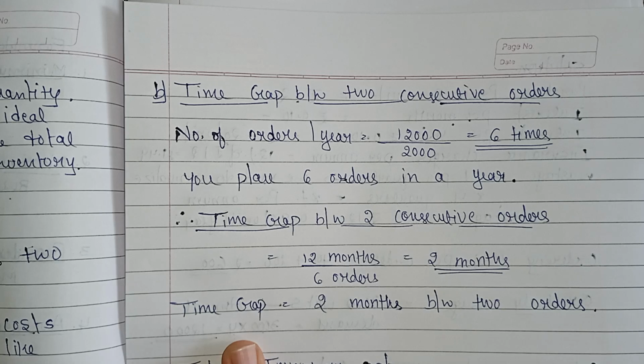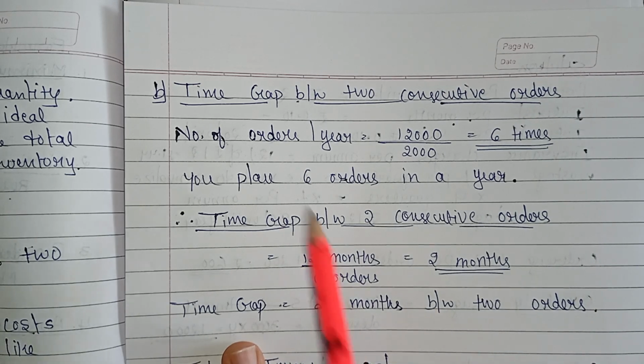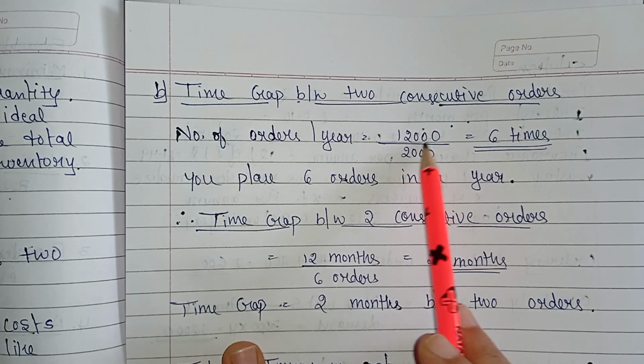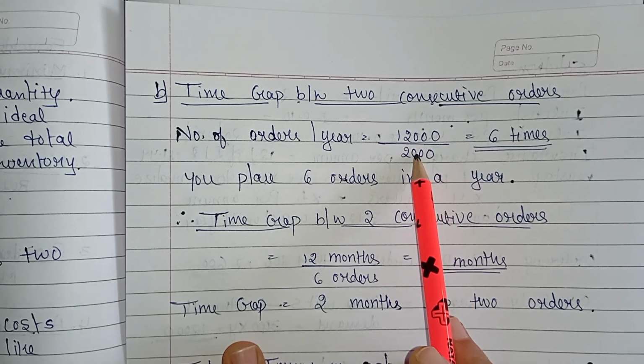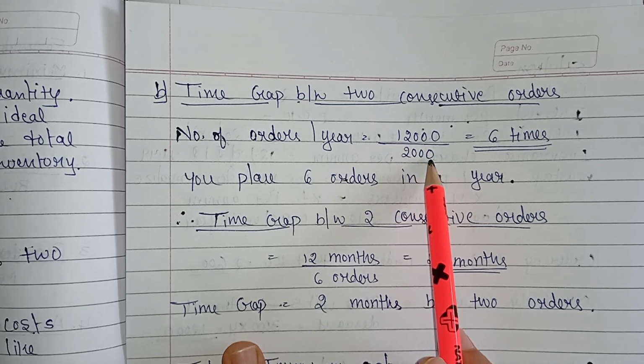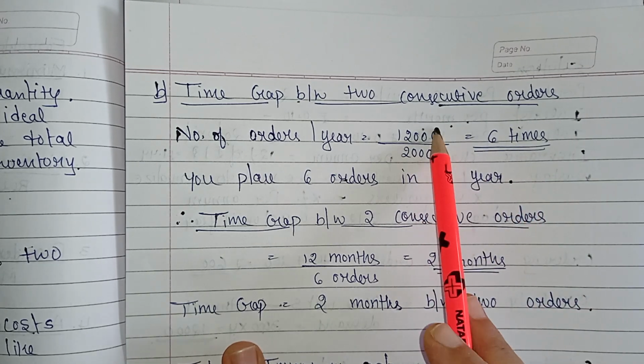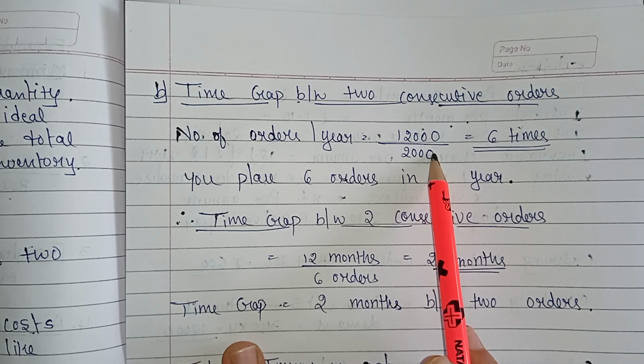Number of orders per year means how many times we need to place orders in a year. That is equal to annual demand, 12,000, divided by EOQ, 2000. That is 6 times.